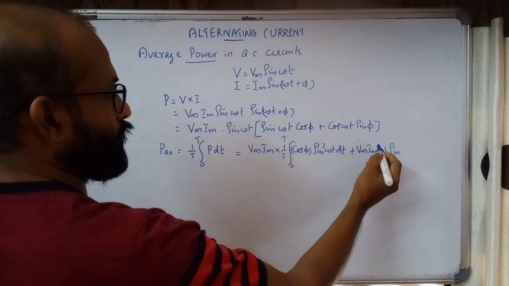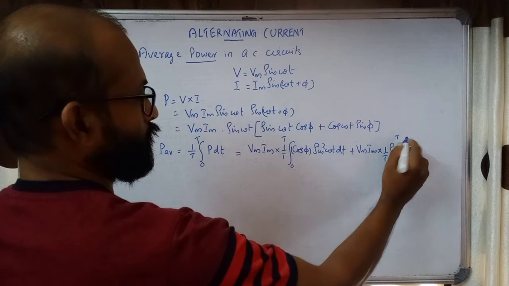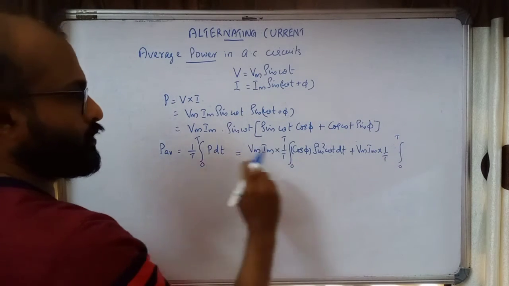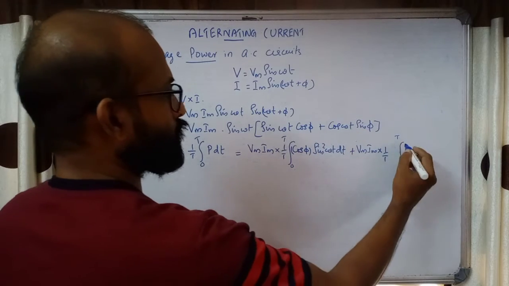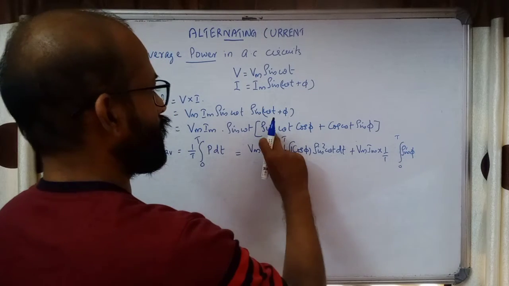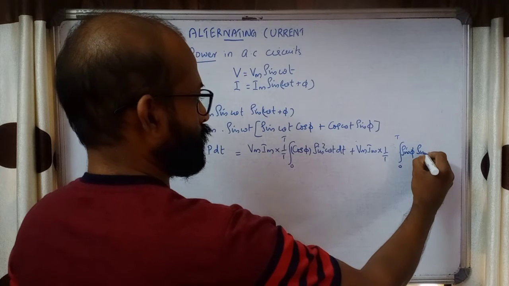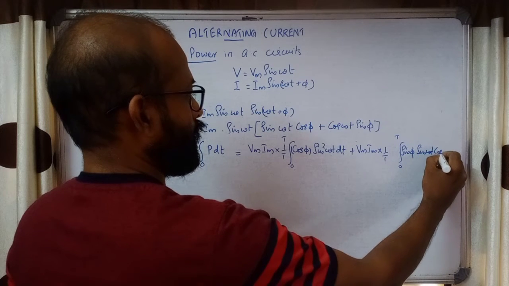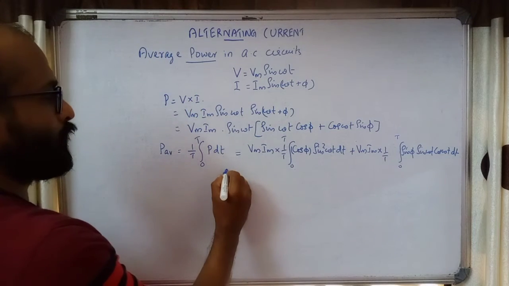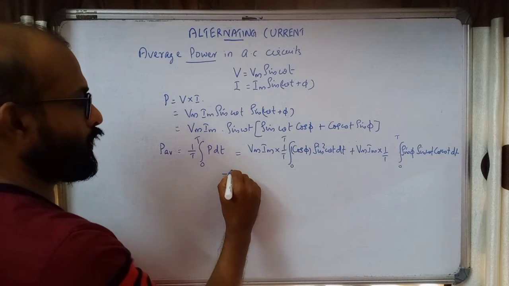Now we have the integration. We will integrate separately from 0 to T. The term sin φ is constant, and the remaining term is sin ωt cos ωt dt. So we have two integrations here. Splitting them, cos φ is constant and we can take it outside.